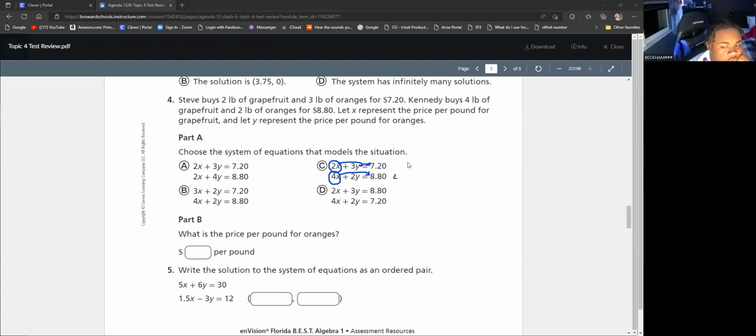So you want me to write it? Yes, rewrite it. Yep. So like 2x times 2. Good. 4x. No, just multiply it straight away.